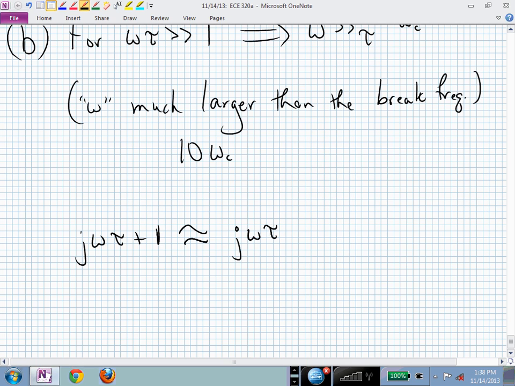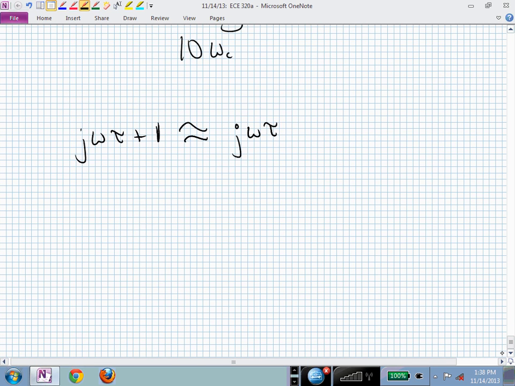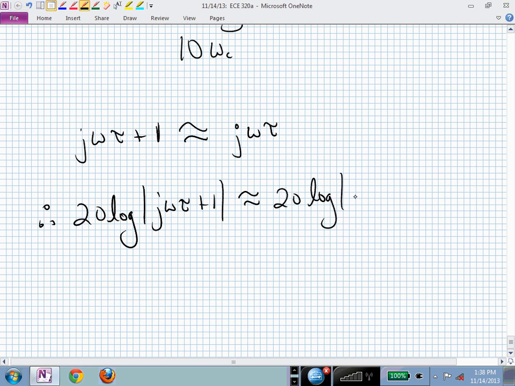Well, the imaginary part now dominates the real part. We now have j omega tau plus 1. We'll replace that with j omega tau. If we look at 20 times the log of j omega tau plus 1 in this operating range of frequencies, omega, we now have 20 times the log of j omega tau.